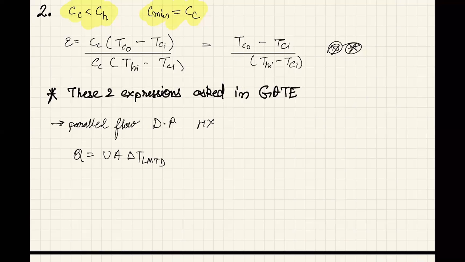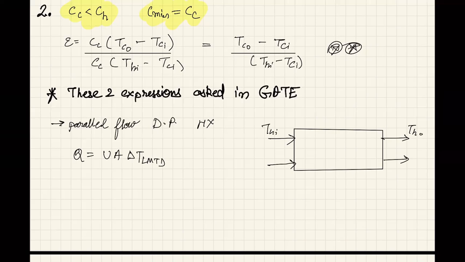So a parallel flow heat exchanger looks like this: THI, THO, TCI, TCO. Then, anyone, what will be the value of delta T LMTD here?